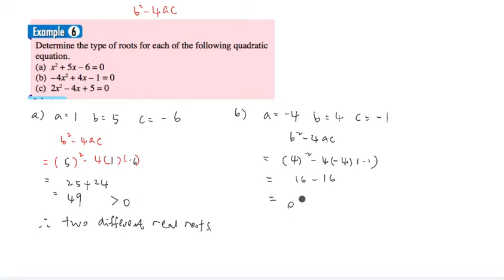If the discriminant equals 0, then there is only one real root, or two equal real roots.